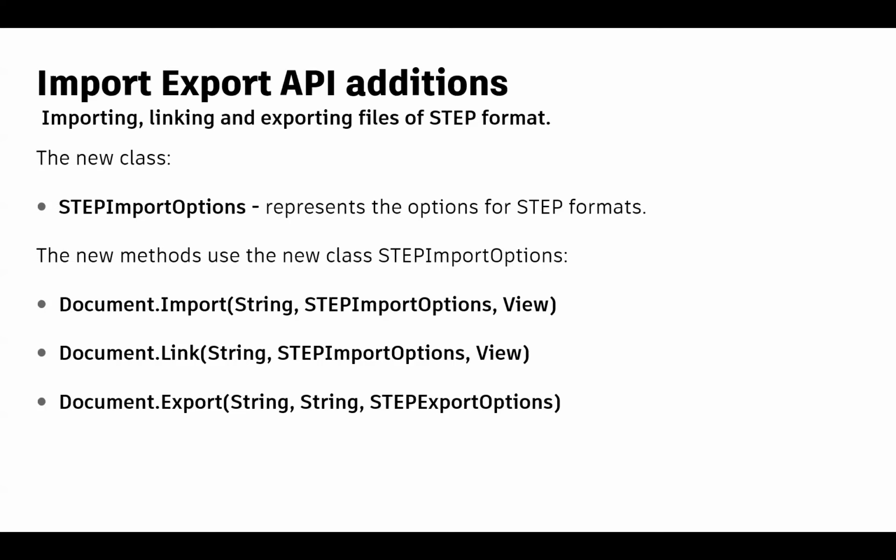Import-export API additions. Now it is possible to import, link, and export files of step format. There is new class step import options, which represent the options for step formats. The new methods use the new class step import options, basically document import, document link, and document export, which allows to use these methods for the step files.